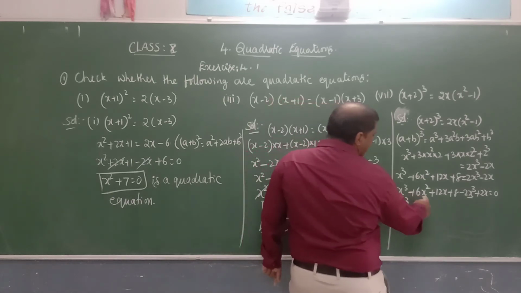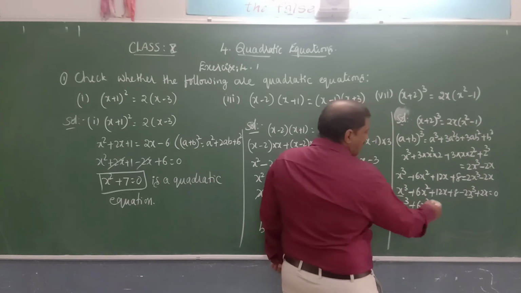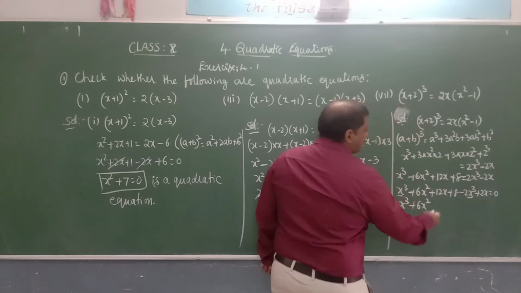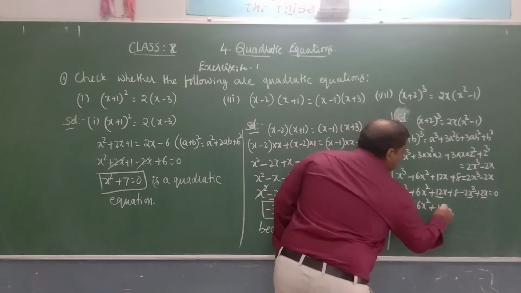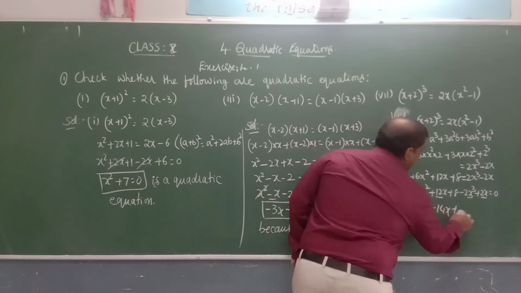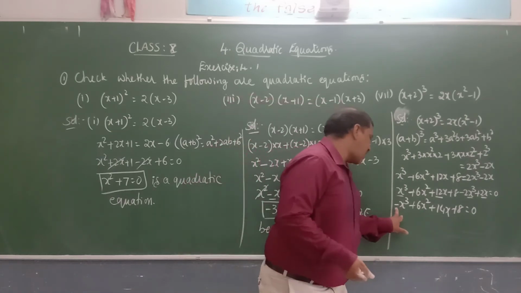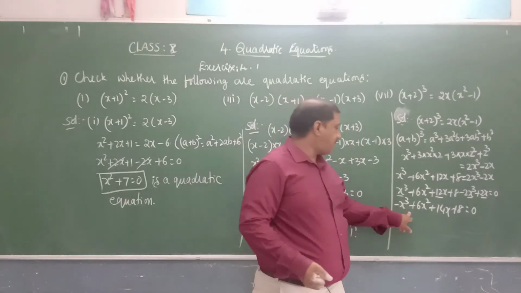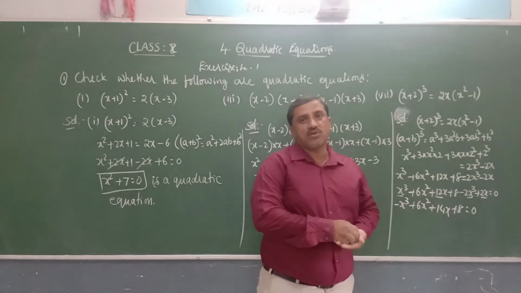Now 6x square, we have only one term. Now plus 12x plus 2x, two like terms, 12x and 2x. By adding those two, we get plus 14x, and plus 8 is equal to 0. Now observe, it is minus x cube plus 6x square plus 14x plus 8 is equal to 0.